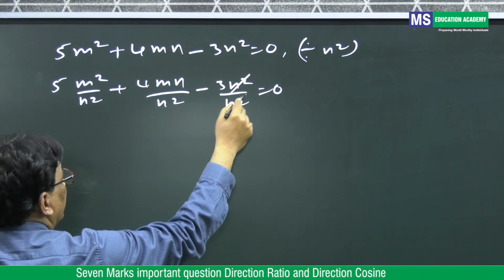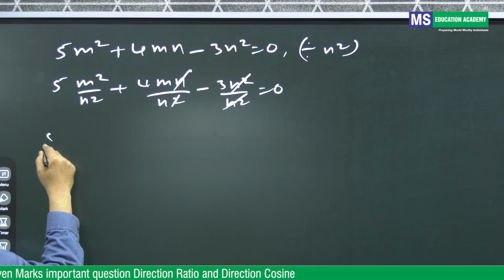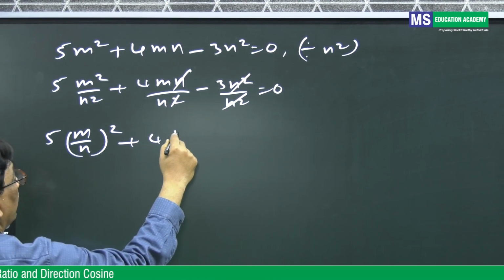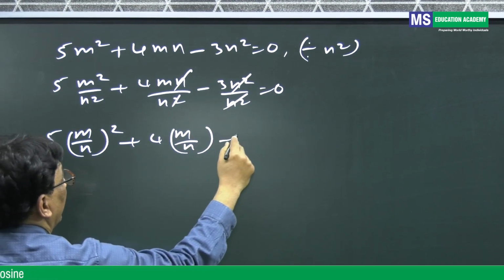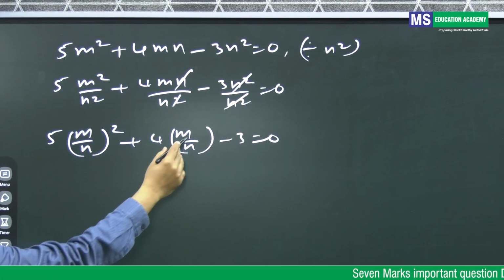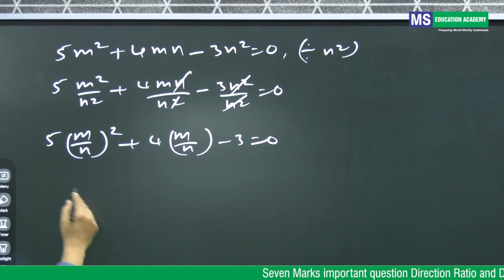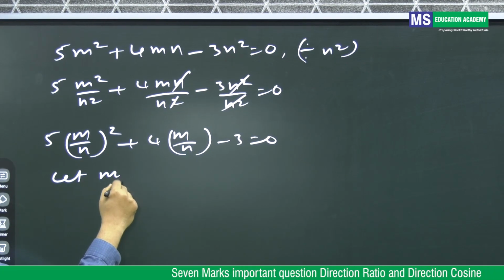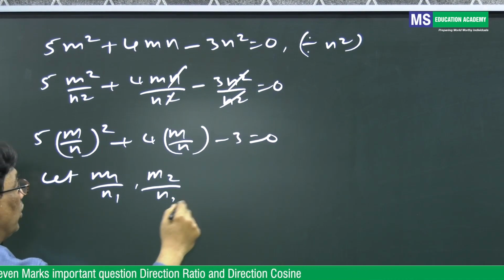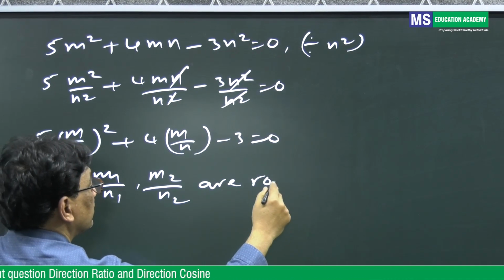N square cancels: 5 (m by n) whole square, plus 4 (m by n), minus 3 equal to 0. Same pattern: quadratic in terms of m by n. That's why m1 by n1, m2 by n2 are roots.